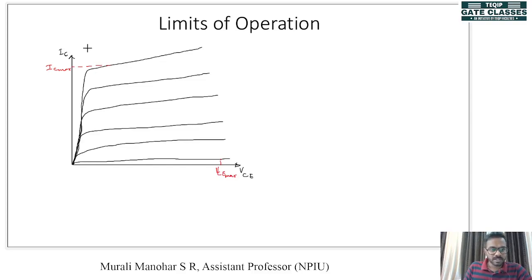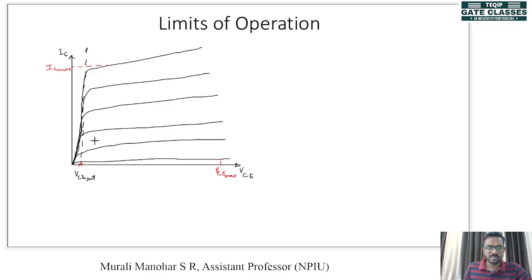Now we also know that there is a VCE sat here, which corresponds to the saturation voltage. Below VCE sat the transistor is in saturation, and above VCE sat the transistor is in the active region. So in order for the transistor to be in the active region, our voltage must be above VCE sat.